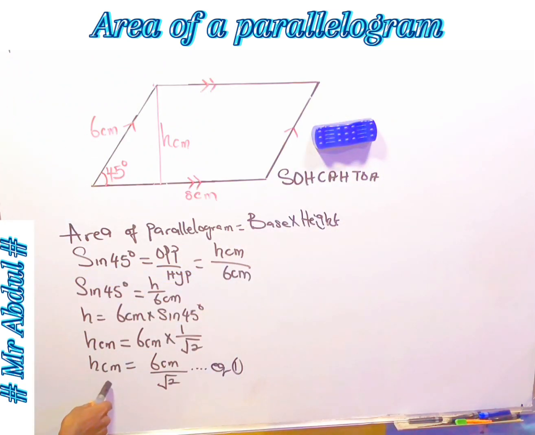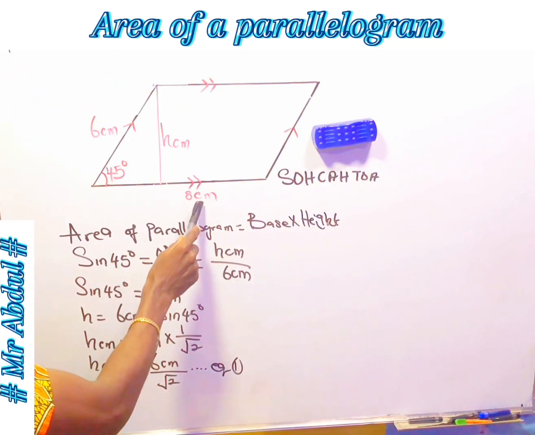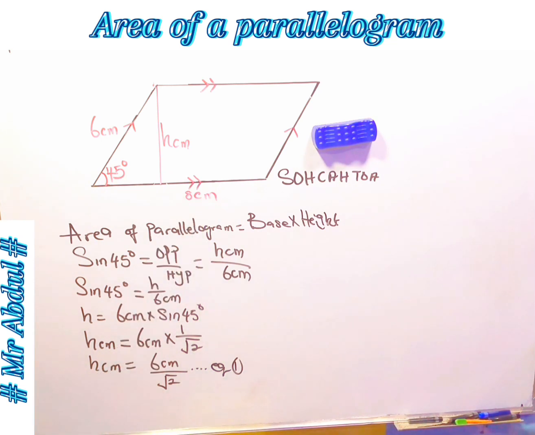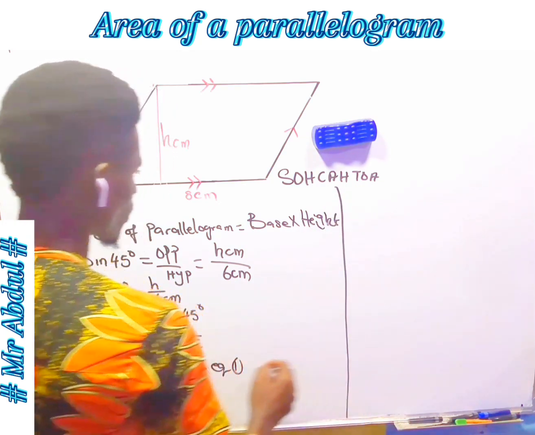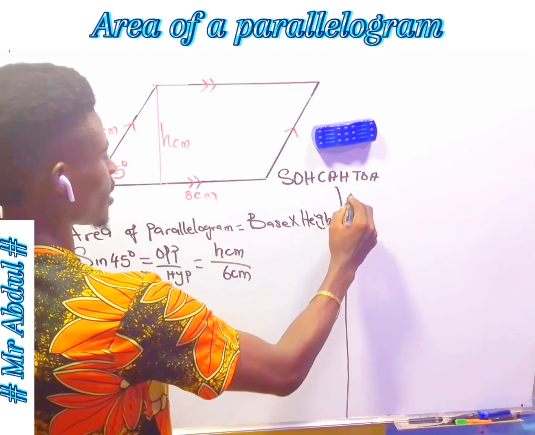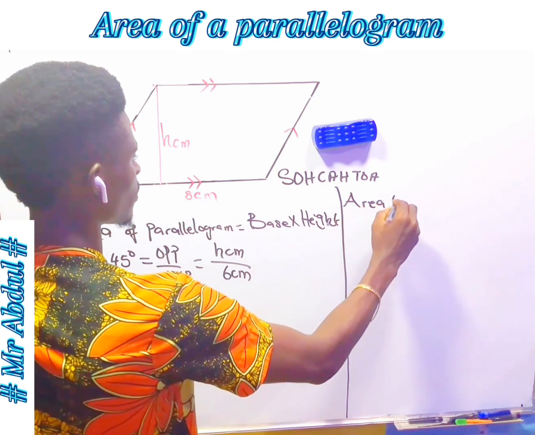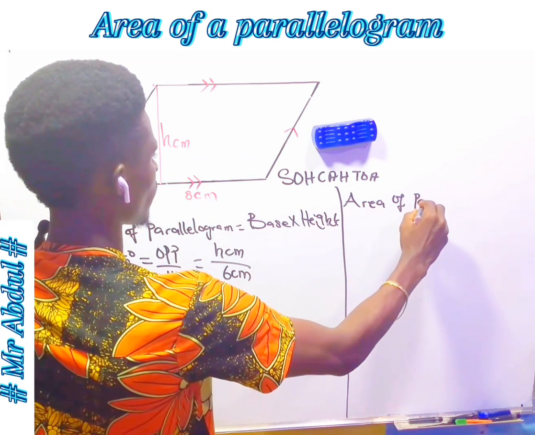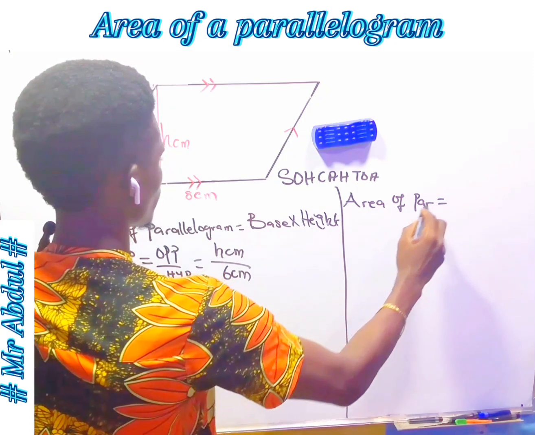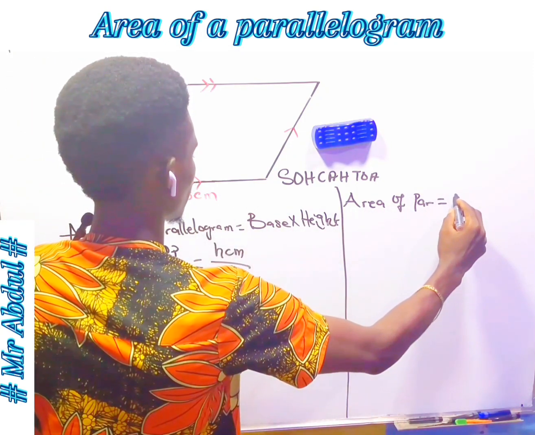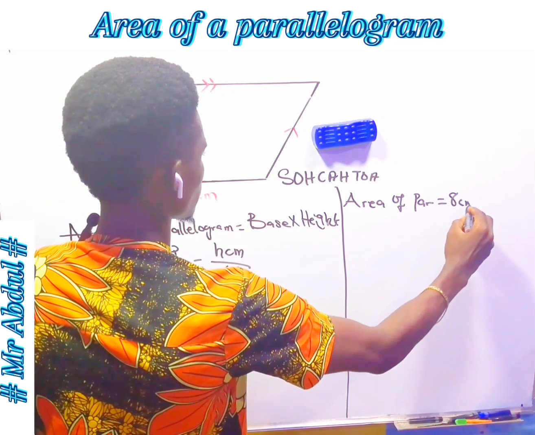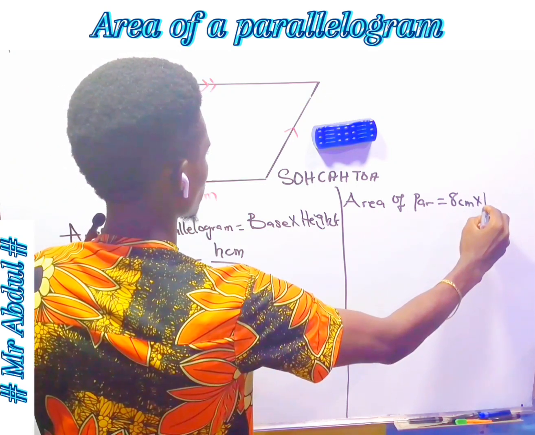Since we've gotten our value for h and our base is 8 centimeter, we can continue by saying area of parallelogram is equal to the base, which is 8 cm, times height.